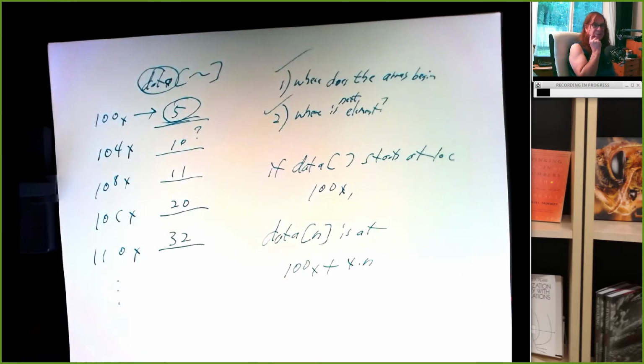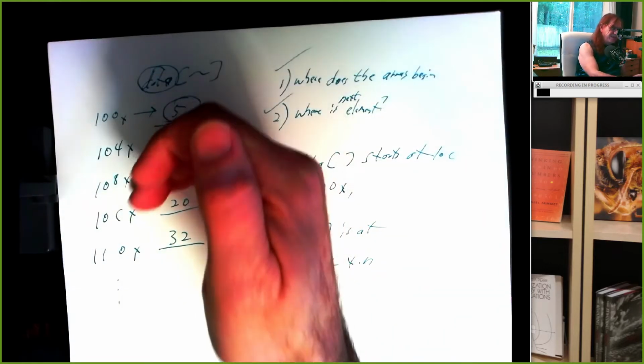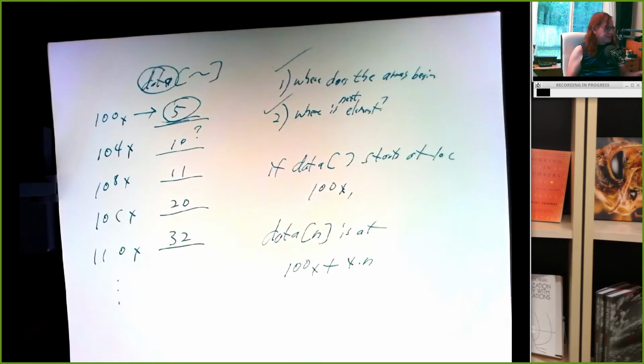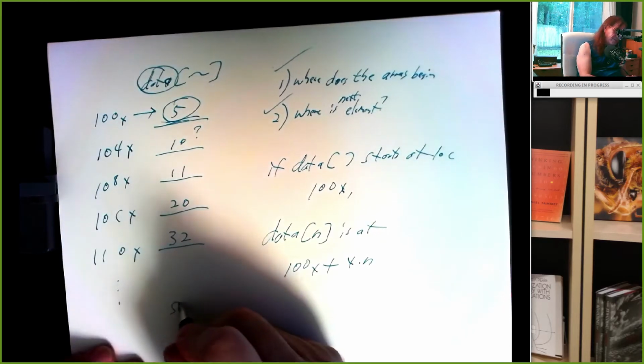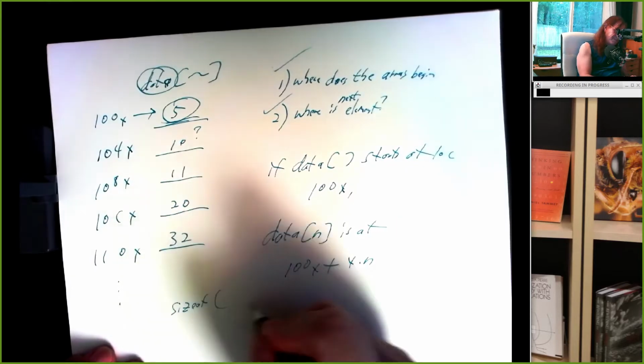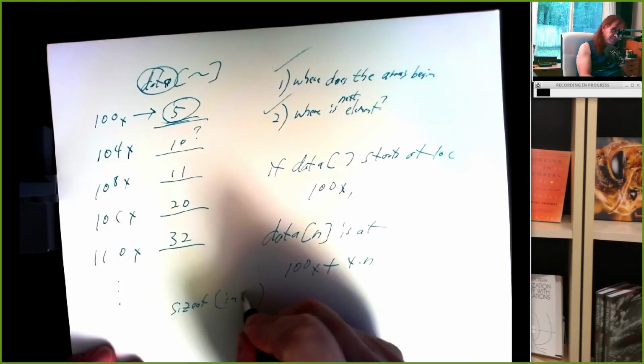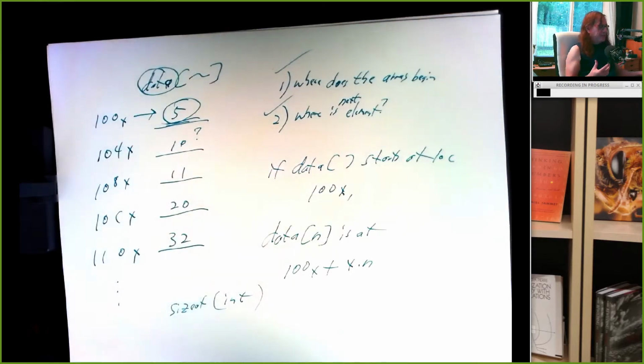If you have an array of doubles, that's going to use every 8th location, because a double takes 8 bytes. So this is one reason why we like using sizeof, so that we don't have to know what the magic number is that these spots get incremented by.